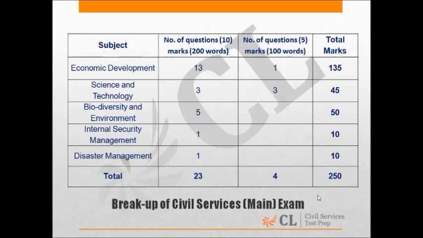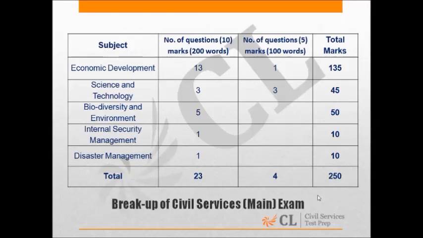Then comes disaster management, a topic we cannot negate since we are seeing continuous disasters in India and in the world also. So this topic also remains quite important, and here we have a single question of 200 words with 10 marks.